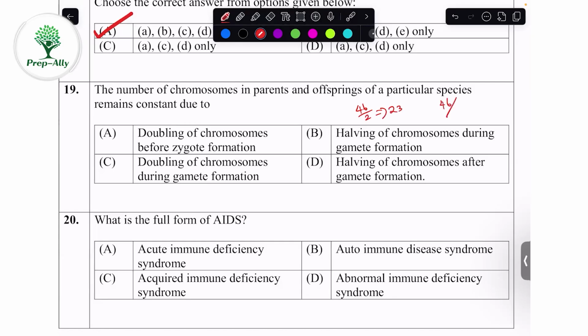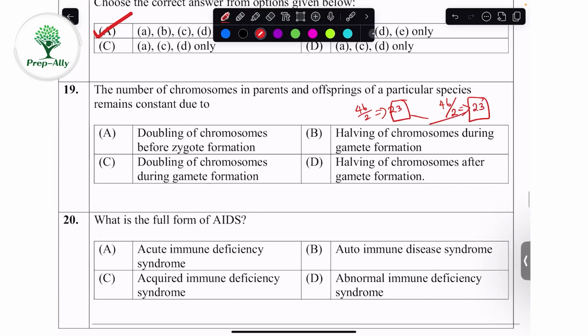Likewise, in the female, 46 chromosomes are reduced to 23. During fertilization these combine and the offspring gets 46 chromosomes. That is the meiosis process, otherwise called the reduction division.